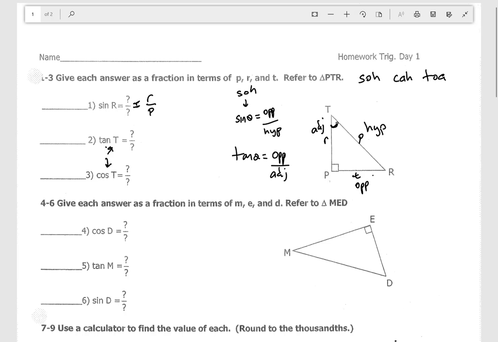So I want the opposite side of T, which is T, and the adjacent side, which is R. So this would be equal to T over R. And then cosine of T, I'm using the same angle, but it's a different relationship. The cosine of an angle is the adjacent over the hypotenuse. So that's going to be R over P.